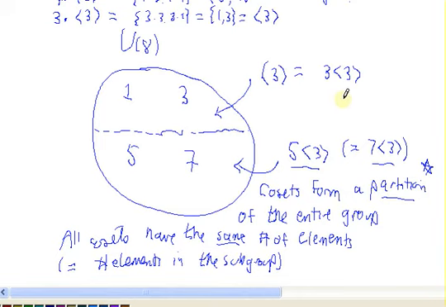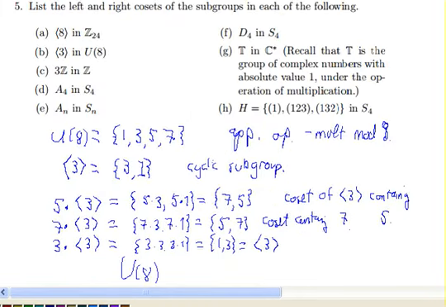All right, so I've given you some extra information here just to summarize the answer. It says list the left and right cosets of these subgroups. What I've found is the left cosets, sorry, I think I said that wrong. I found the left cosets because I multiplied the original subgroup on the left by group elements.